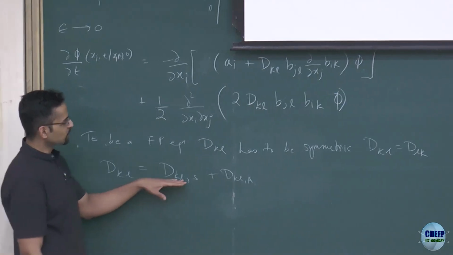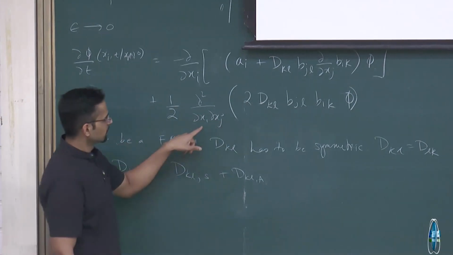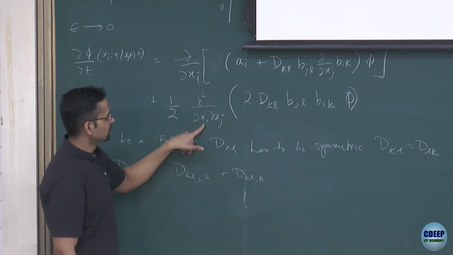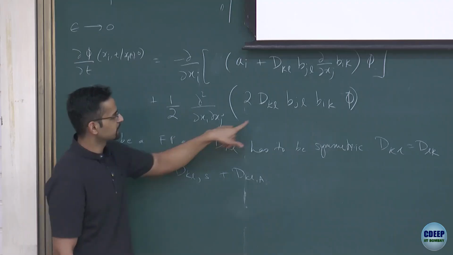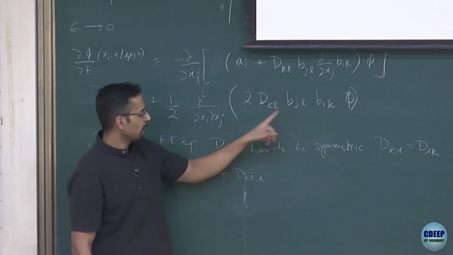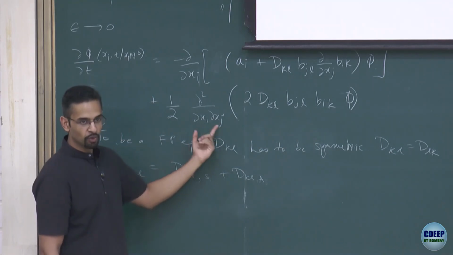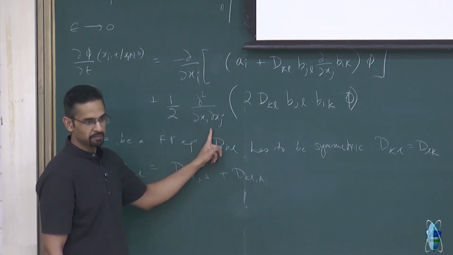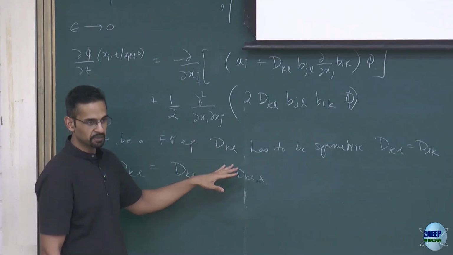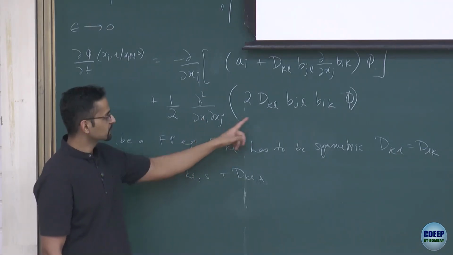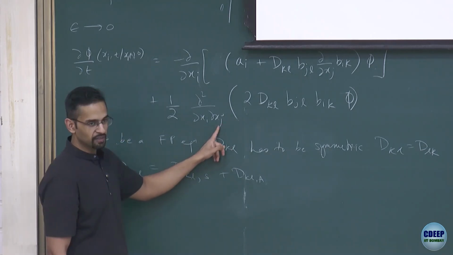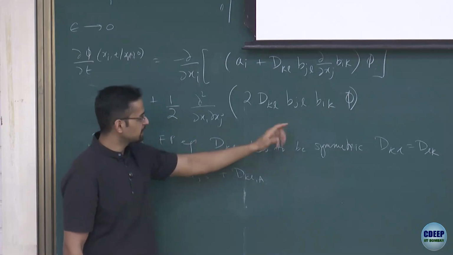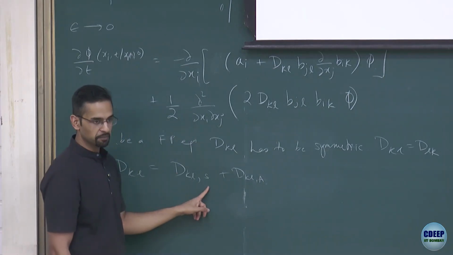And what's interesting is that if you substitute this here, you will see that D is not by itself, it's also taking the inner product with these derivatives, with i and j coming here. And if you look at the nature of the derivative, I can of course swap these two, replacing i and j in this derivative, and you'll get the same answer. So that property, because this D appears inside these derivatives, you can show that this full quantity is the same as if I replace D_kl by only its symmetric part.